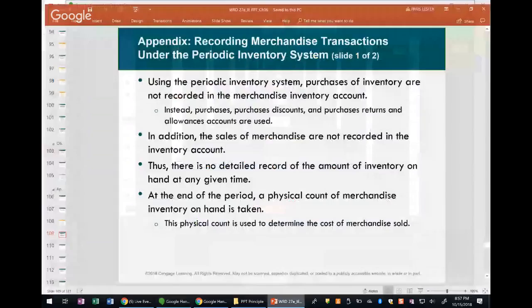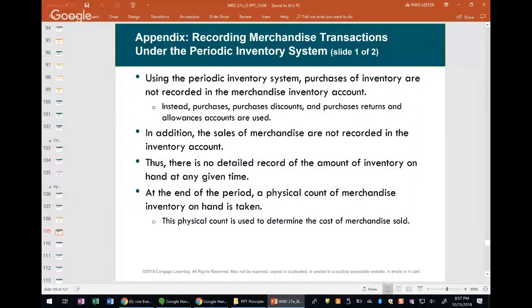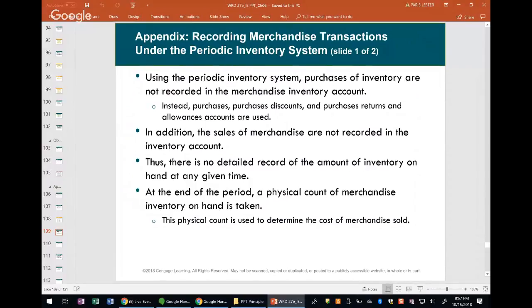All right, there's a page in the book I told you to look at. Now, what we're going to look at real quick this morning is the appendix. And as I told you, we will not have a lot of the appendix on the test. If we have anything in the appendix on the test, I'll let you know what it would be. All right, record merchandise under the periodic system.